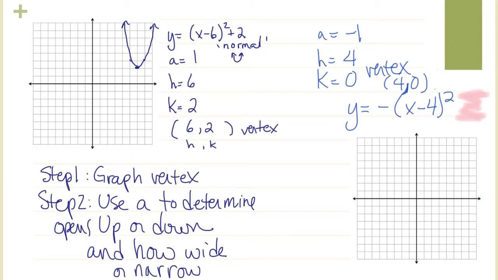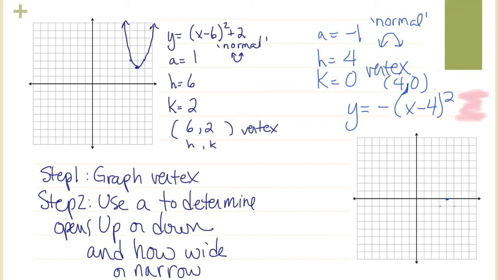And because A is negative 1, it is a normal width. Again, not a mathy term, just my way of talking about it. And it opens down. Okay, so all we have to do, step 1, graph the vertex, 1, 2, 3, 4, 4, 0.